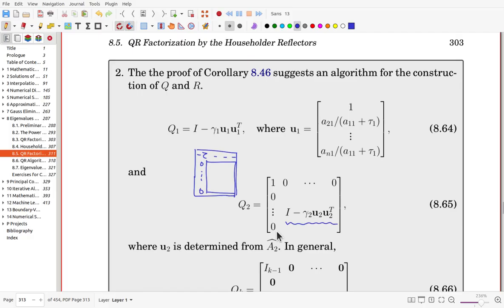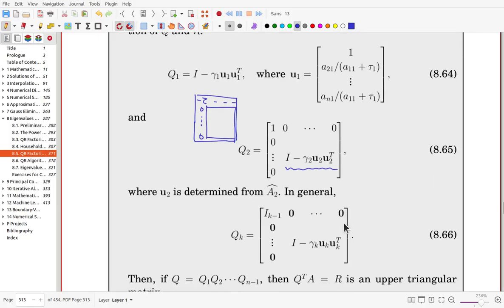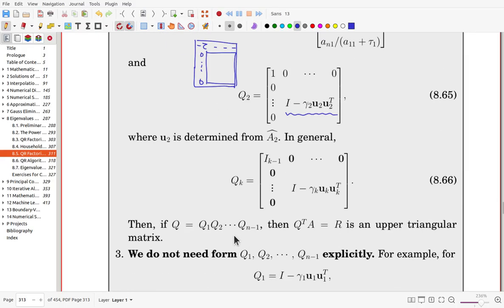In general, later on, we can formulate the reflector and match the dimension. In general, at the k-th step, we have that. Now, if we consider the product of these reflectors and Q, then Q transpose A must be an upper triangular matrix. So we are done. That is the orthogonal matrix.